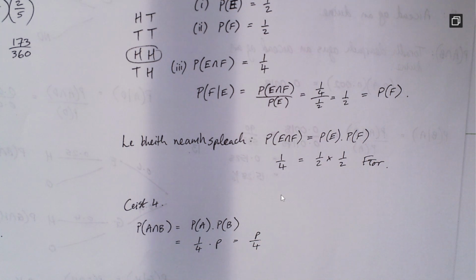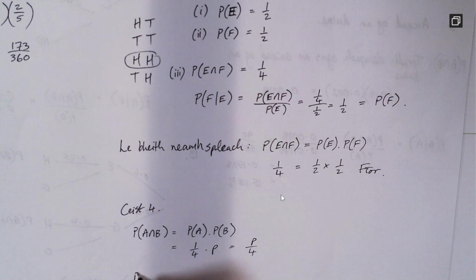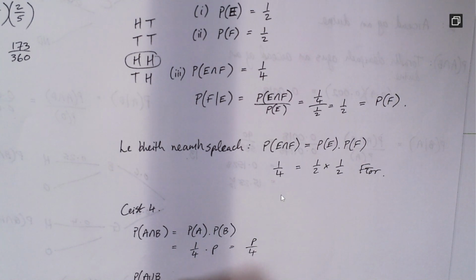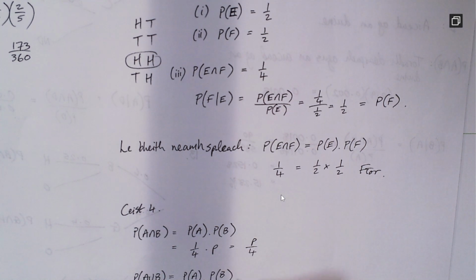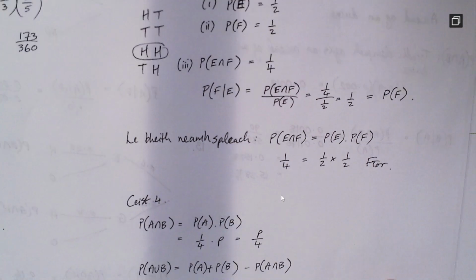Now go back to the formula we learned in revision. The probability of A union B is equal to the probability of A plus the probability of B, minus the probability of A intersection B for double counting.